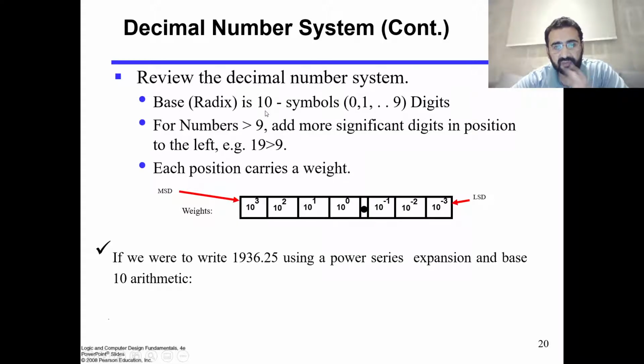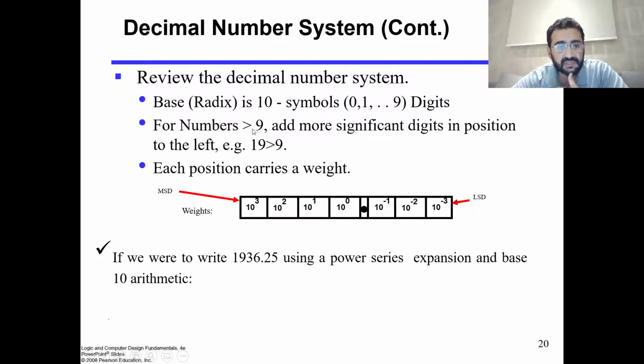So when we talk about the decimal number system, we are talking about a number system using the radix 10, or the number base 10. When we use base 10, we have symbols from 0 to 10 minus 1. So when we have radix n, we have digits from 0 to n minus 1.